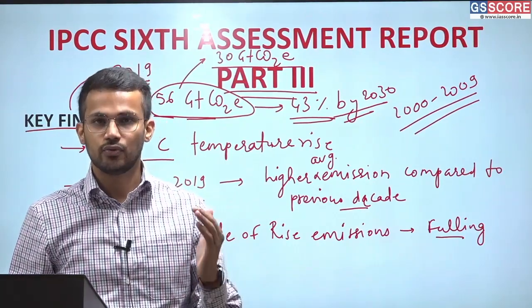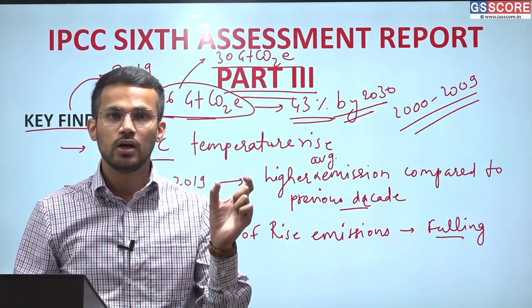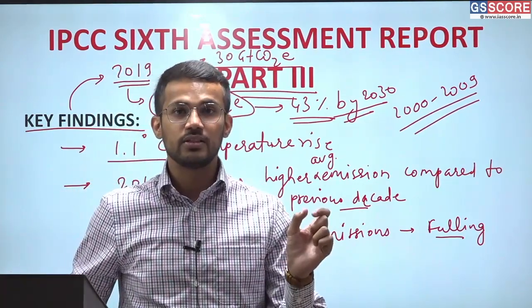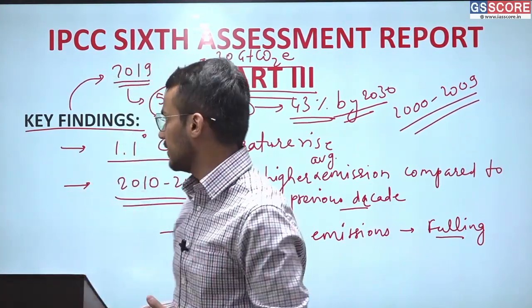If we are able to achieve these kinds of targets, then only will we be able to achieve the targets that we have set under the Paris Climate Deal. Right? So these are the key findings.